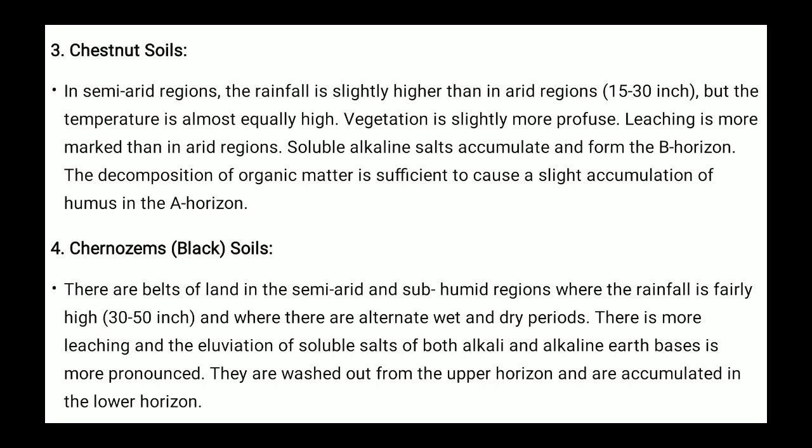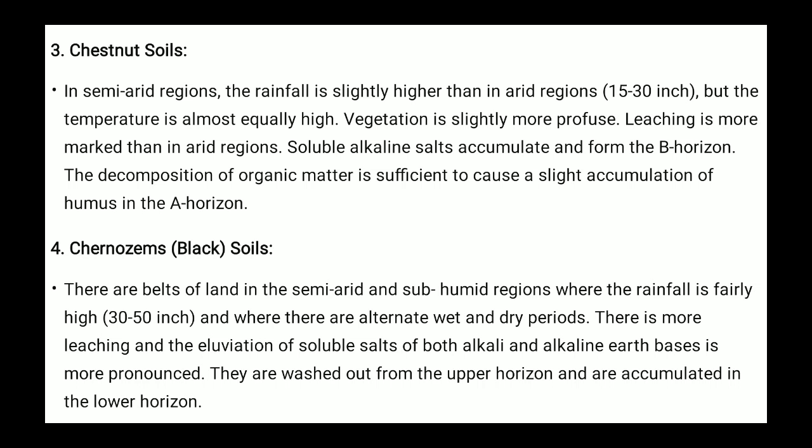Then the fourth type of zonal soil is the Chernozem, also known as black Chernozem soil or black soil. These are belts of land in semi-arid and sub-humid regions where the rainfall is fairly high, 30 to 50 inch, and where there are alternate wet and dry periods.